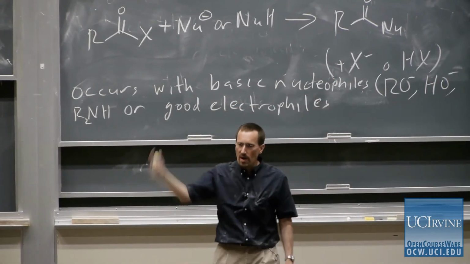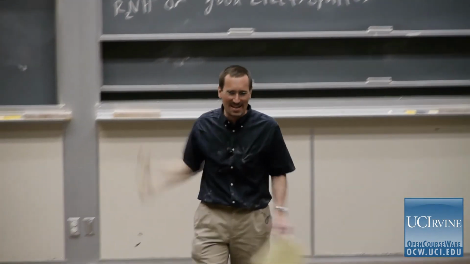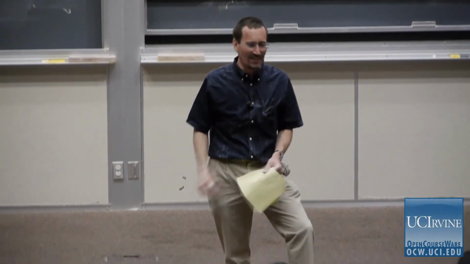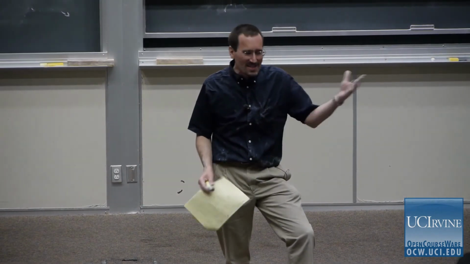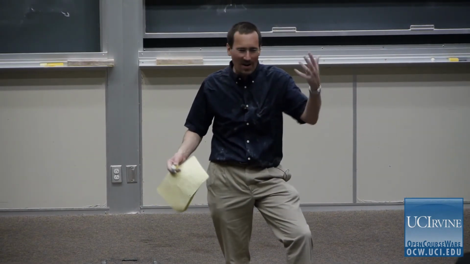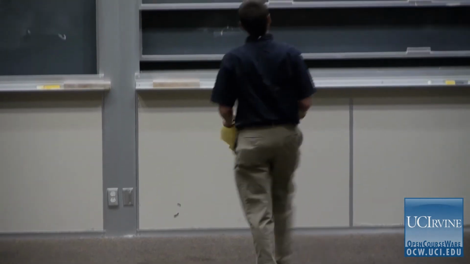And of course, what do I mean by good electrophiles? Well, good electrophiles are those that sizzle or react vigorously with nucleophiles. So specifically in this family, I'm talking about acid chlorides and acid anhydrides.